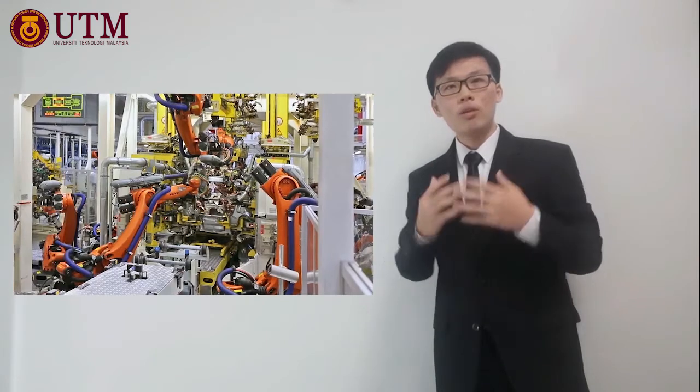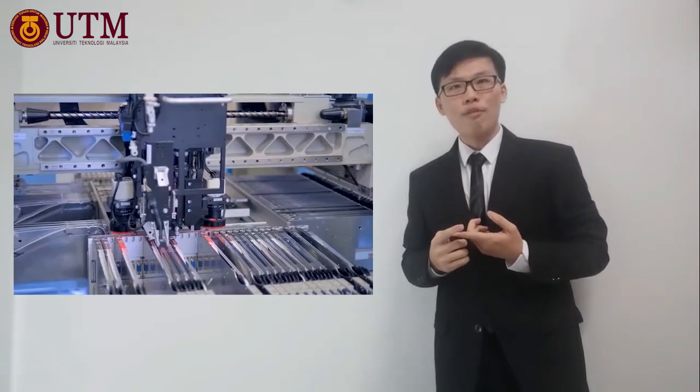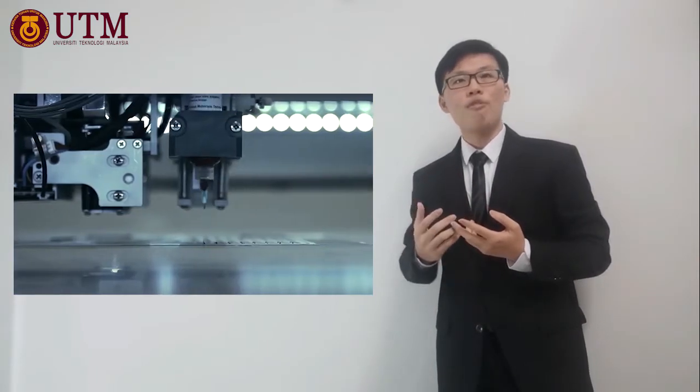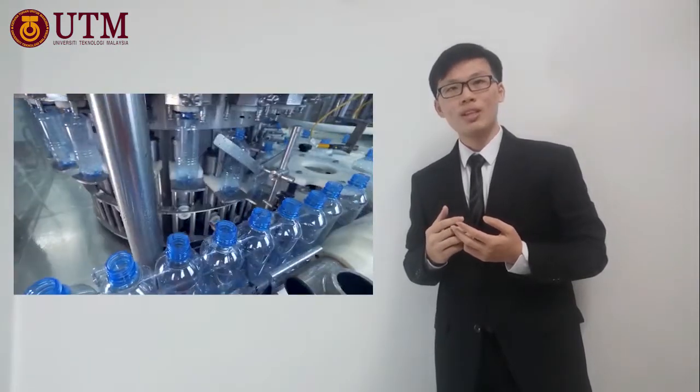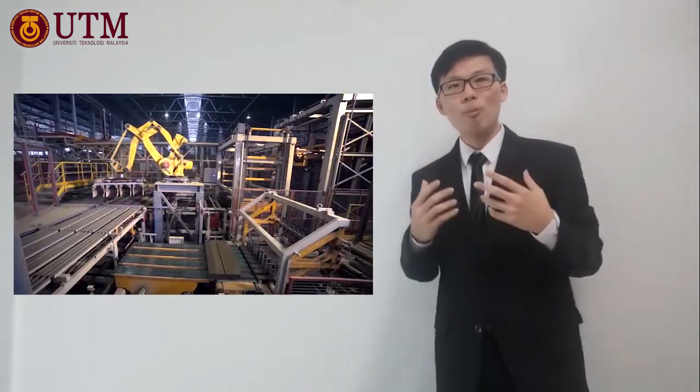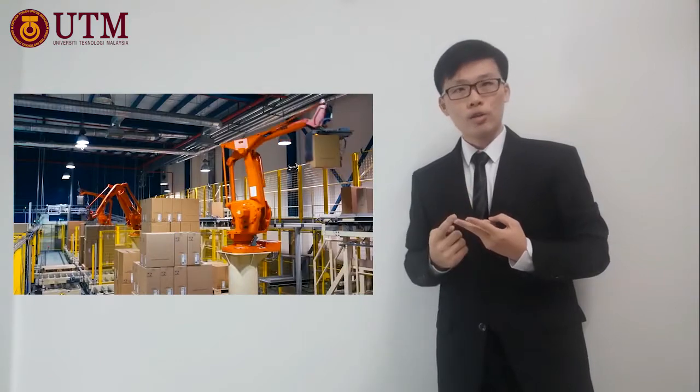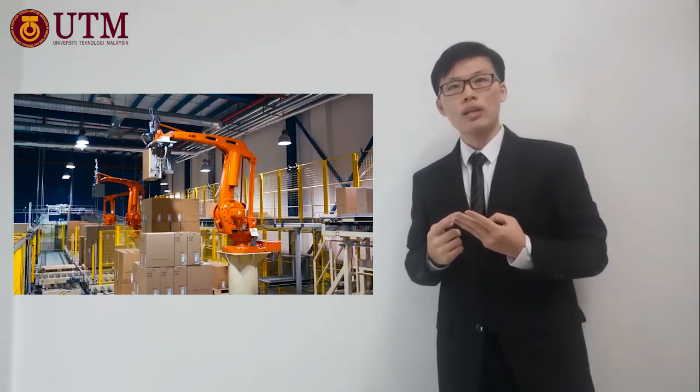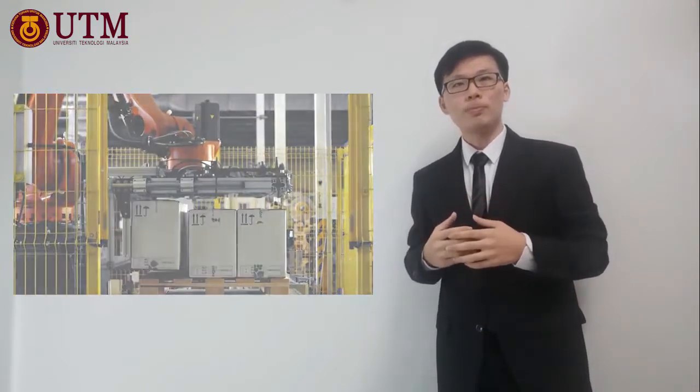So why is machine vision so important in quality inspection? This is because nowadays, due to the rise of IR 4.0 and the enormous scale of mass production in manufacturing industries, companies have to inspect more products at higher speed, higher accuracy, and higher quality standards in order to become more competitive.